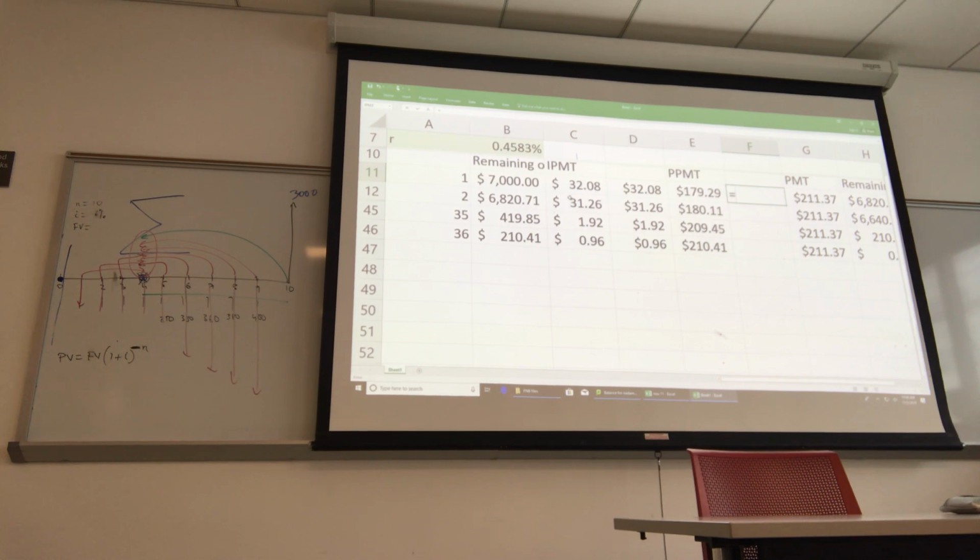Column G. That's your payment, it doesn't change. From it you subtract the interest on the payment, column D, and you enter. You take it and you bring it all the way down, and as you bring it all the way down, it's correct information. Is this clear?